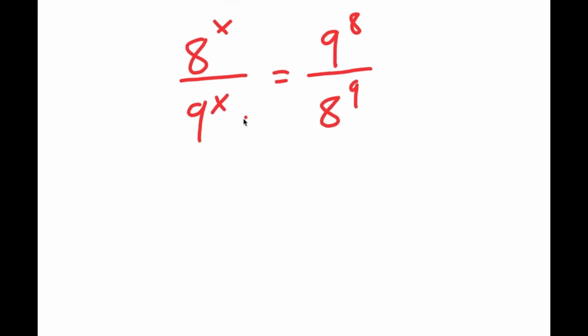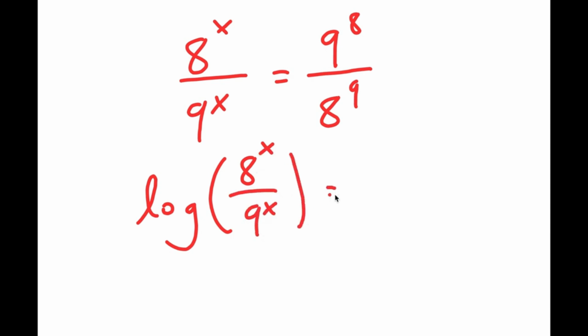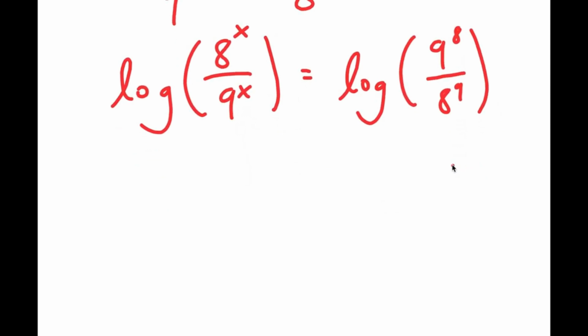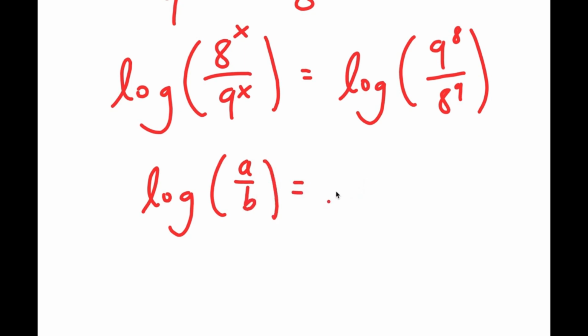Now, from here, I'm going to take the log on both sides. So I get log of 8 to the power of x over 9 to the power of x is equal to log of 9 to the power of 8 over 8 to the power of 9. Now, if I have something in the form log a over b, this is equal to log a minus log b.